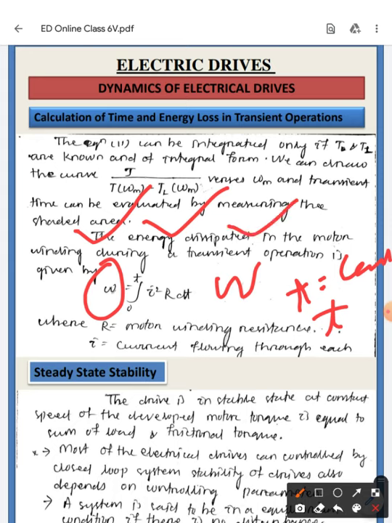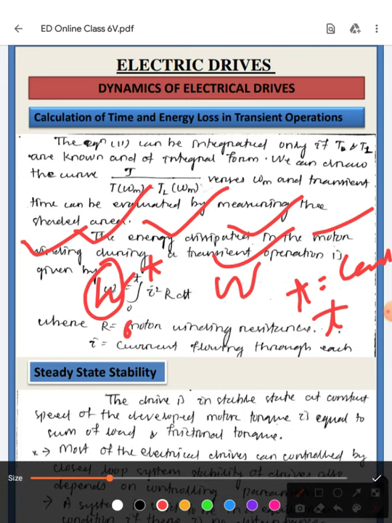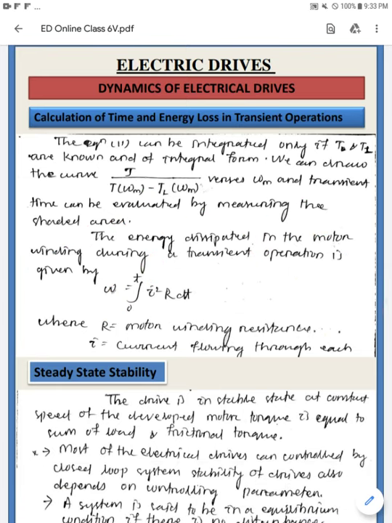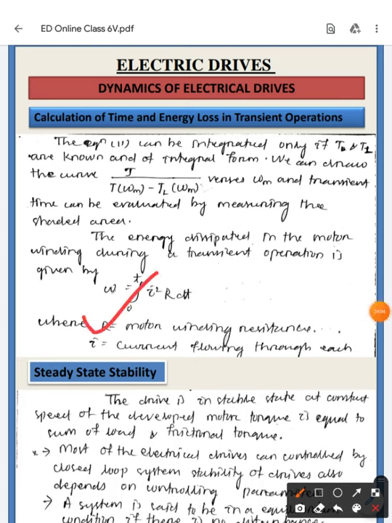The energy dissipated in the motor winding during the transient operations is given by W equals the integral from 0 to t of I squared R dt, where R is the motor winding resistance and I is the current flowing through each coil.